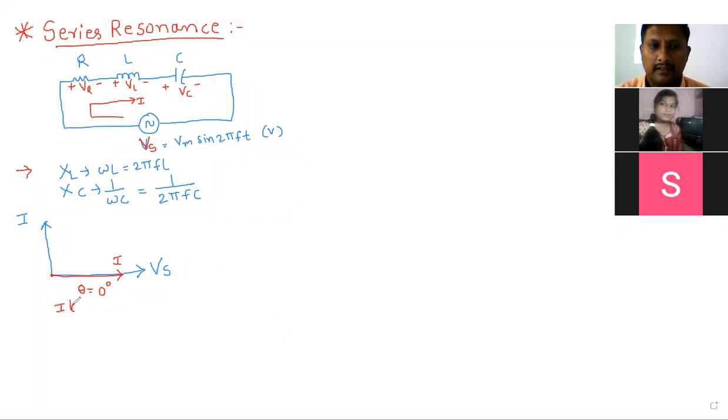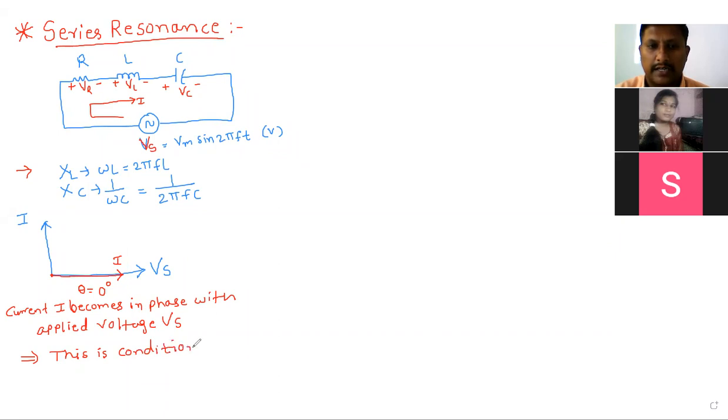The current I becomes in phase with applied voltage Vs. Okay, so this is the condition of resonance: the current I becomes in phase with the applied voltage.